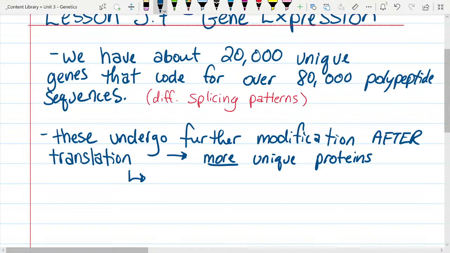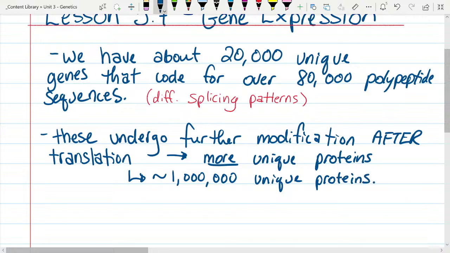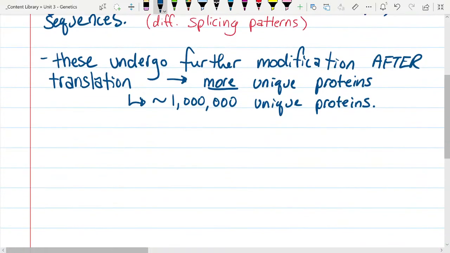And there's about roughly 1 million unique proteins in the human, what we call the proteome. So I just want to draw that.